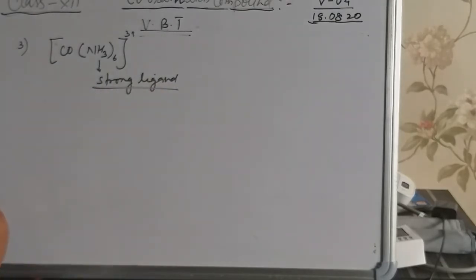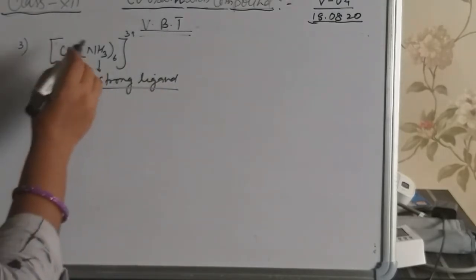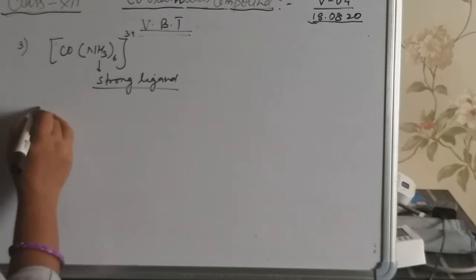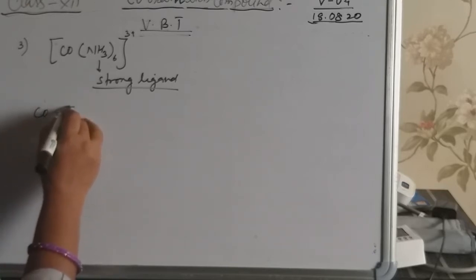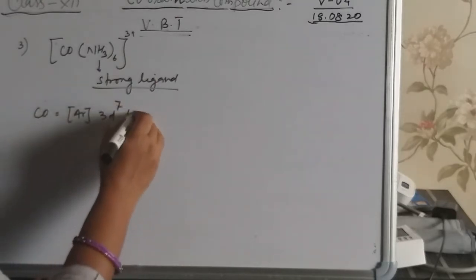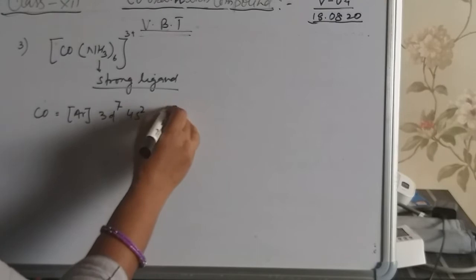We already discussed the ligands, including other ligands which act as both weak as well as strong. So let's find out the hybridization on the basis of the configuration 3d7 4s2 4p0.